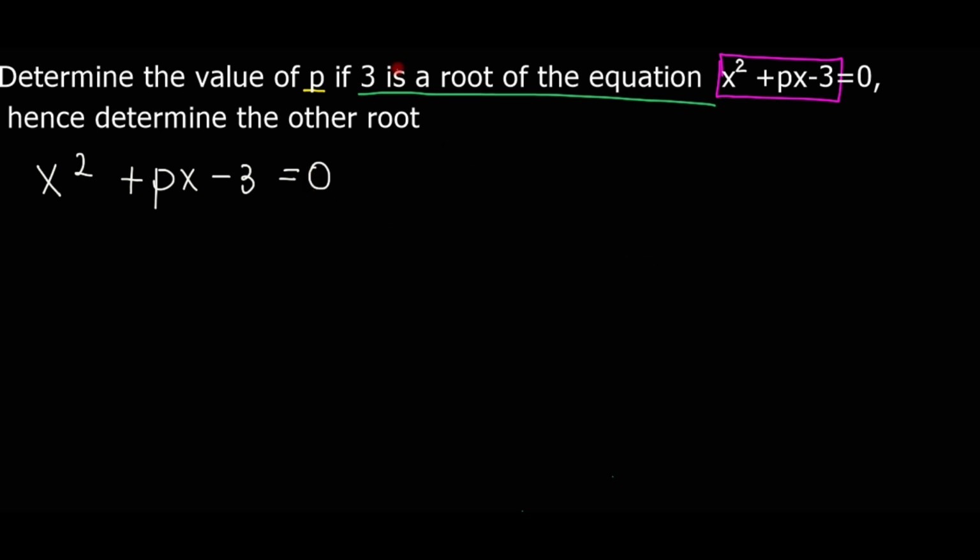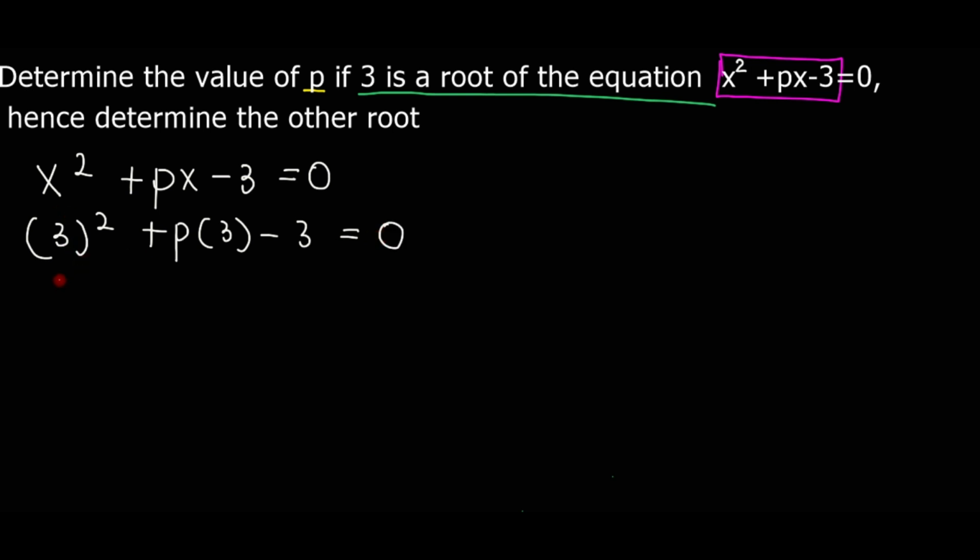And then because 3 is a root, x we substitute 3 because the roots are the x values when the equation is 0. So we have 3 squared and then plus p times 3 minus 3 equal to 0.